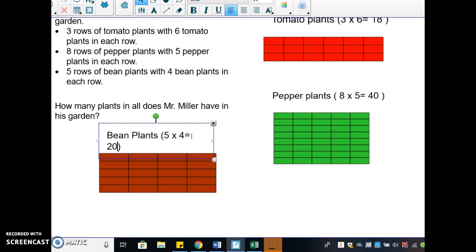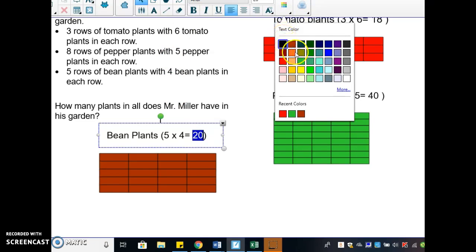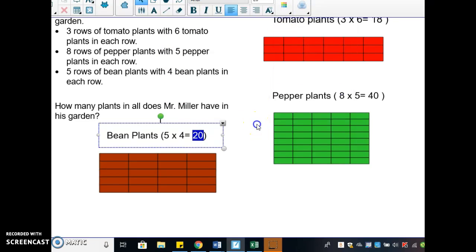Now, my final question that I have to look at is how many plants in all does Mr. Miller have in his garden? So that means that I have to take the product from each of these. I'm going to highlight these so you guys can see that a little bit better. I'm going to highlight them or change them to blue.